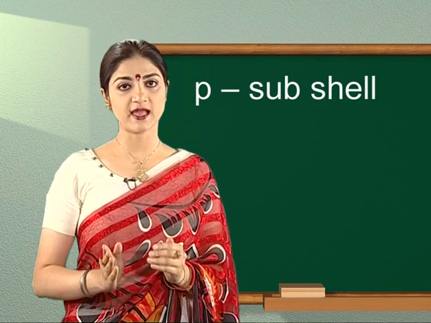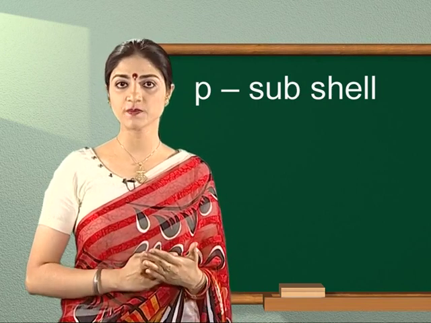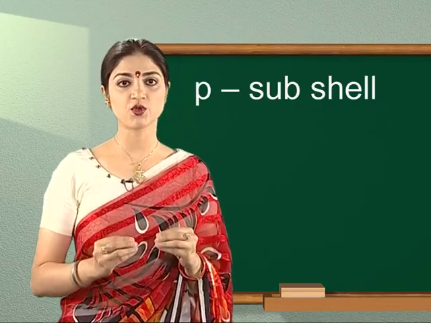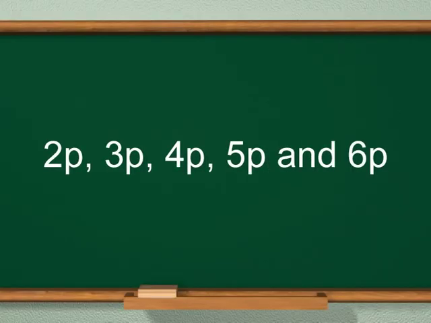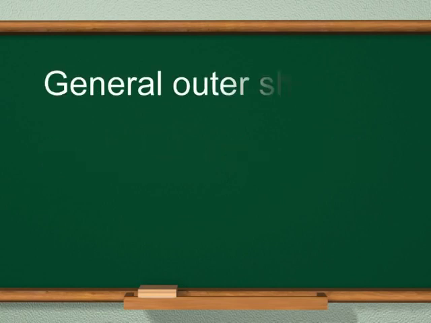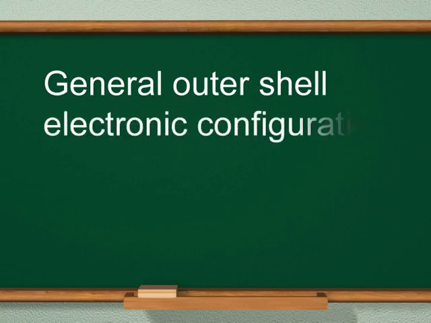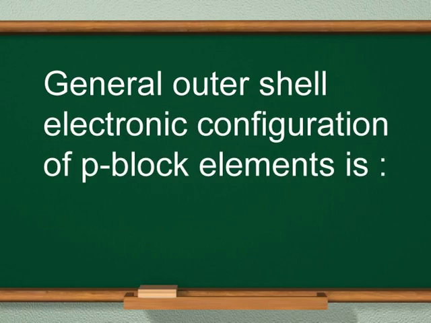The atoms of the elements belonging to these groups receive the last electron in 2p, 3p, 4p, 5p and 6p orbitals respectively. General outer shell electronic configuration of p block elements is ns2 np1 to 6.